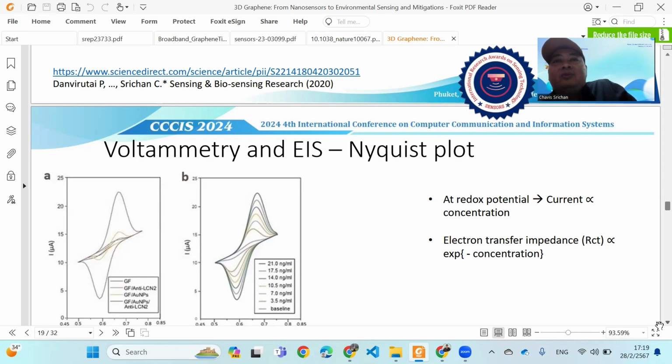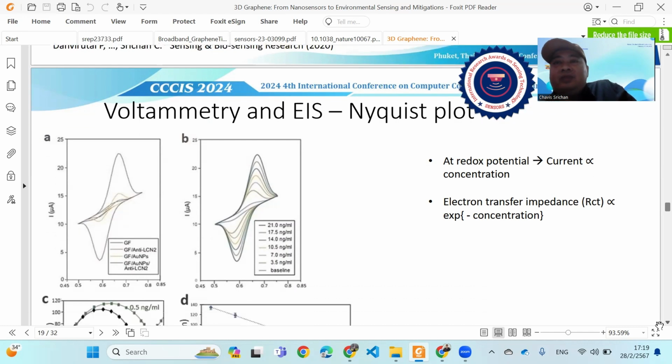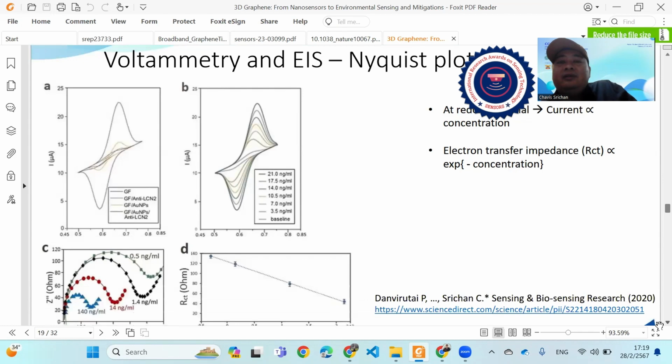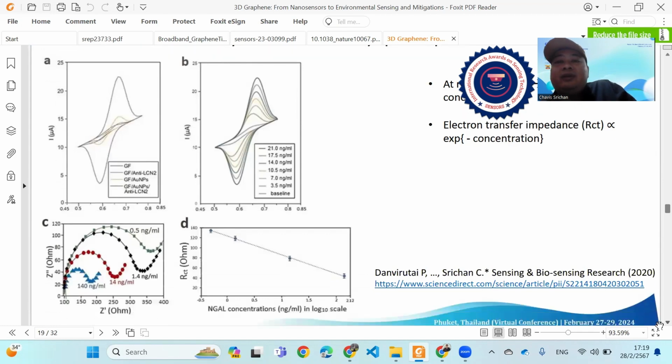So you have to stop that activity, or the food that you eat is poison, right? You can see from the graph here that we can trace back to the concentration of NGAL to detect your kidney condition without taking your blood sample. So it is very good.